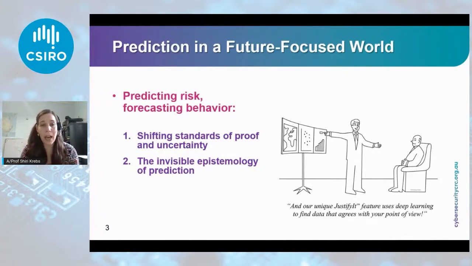And that relates to the first point here on the slide, that we have shifting standards of proof and uncertainty. So it's not always clear when in the design process of the technology what is the standard of proof that we aspire to achieve, and how do we handle matters of uncertainty when some data is corrupt or limited, or has some other scope issues.